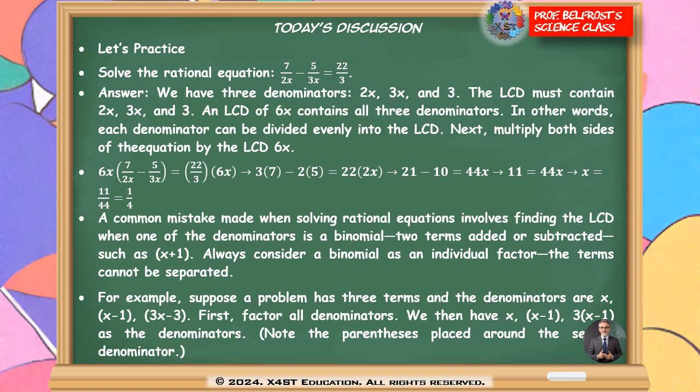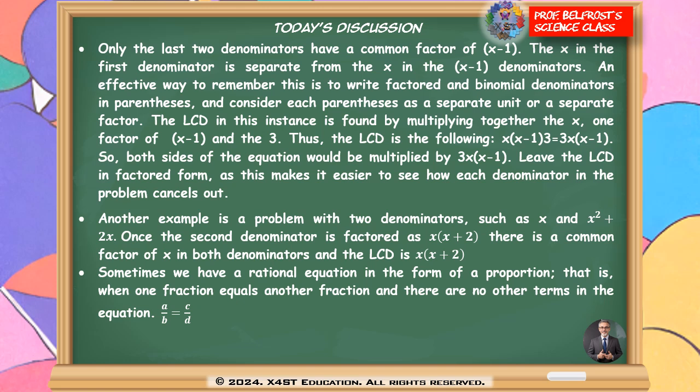First factor all the denominators, then we have x minus 1 and 3 times x minus 1. We can see that the common factor is x minus 1. And x is actually different from x minus 1 together. So the LCD here is 3 times x minus 1.